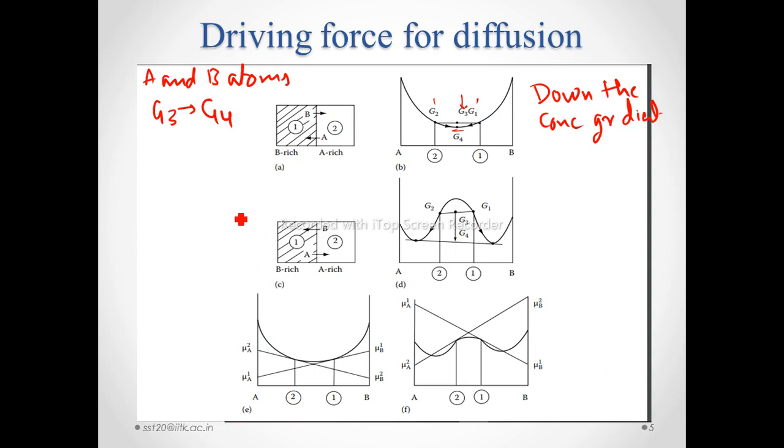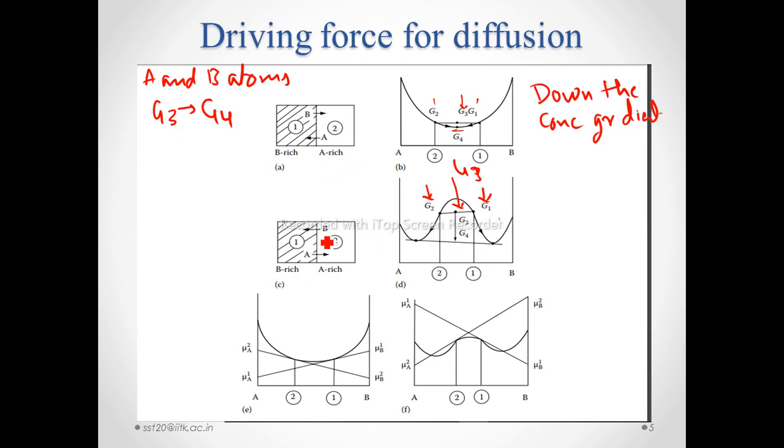Because of this, I have taken one more example, a miscibility gap. When there is a miscibility gap, the Gibbs free energy diagram shows a negative curvature. This is the negative curvature, this is the G2 value, this is the G1 value, and the average Gibbs free energy is G3. It needs to reduce from G3 to G4 as in the previous case, but here it's different.